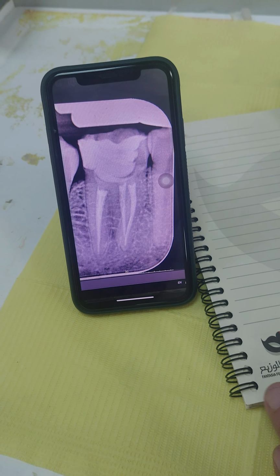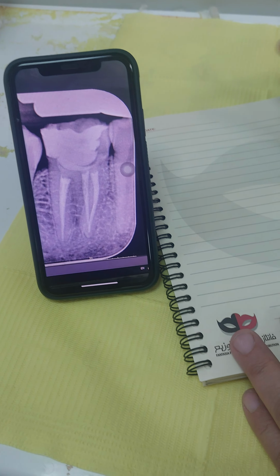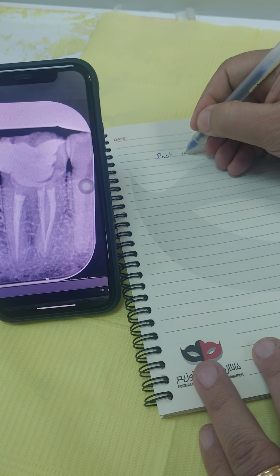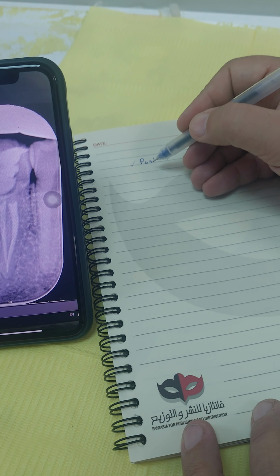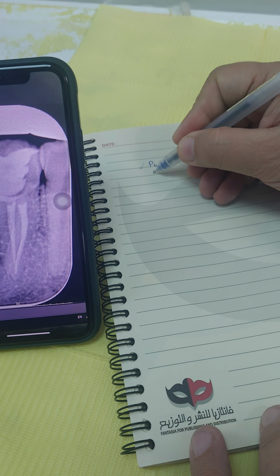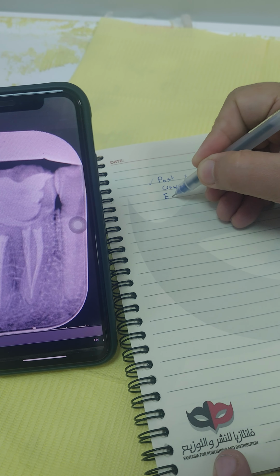Okay. So we have multiple decisions to make. One is, do we place a post or not? It's either yes or no. We're also going to have to consider what is the type. Do we do a crown or do we do an endo crown?